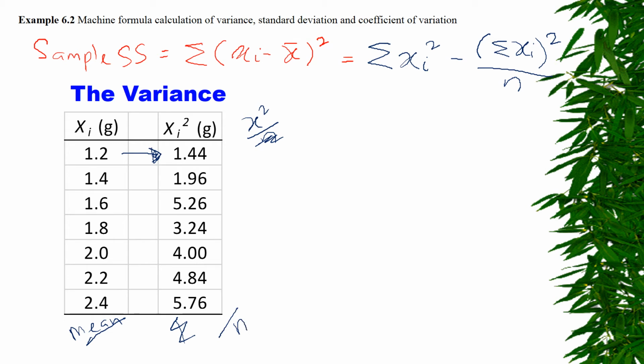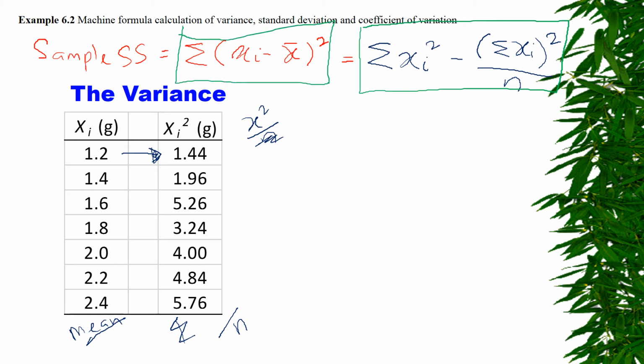Although this formula looks complicated, just the way I showed you, it is simpler to operate on this kind of data than the other one.